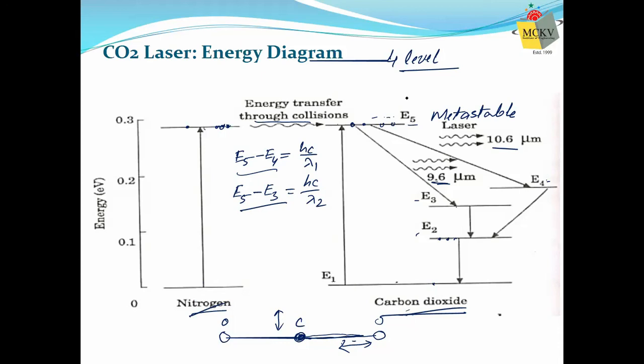If the excitation absorption process increases with the number of atoms, more atoms, more rate will be there. So you require the atoms present here to be de-excited to E1 at a faster rate, and for that helium is used. I'm not going into the process, but that is the reason helium should also be present in the gas mixture, to increase the rate of the process. So this is all about this type of laser.